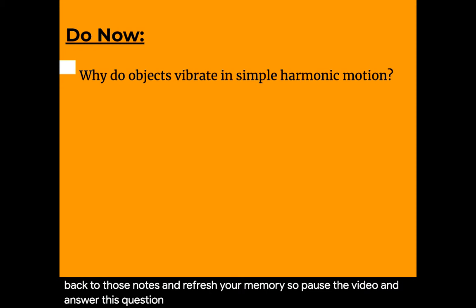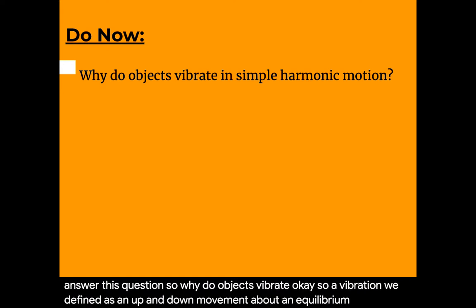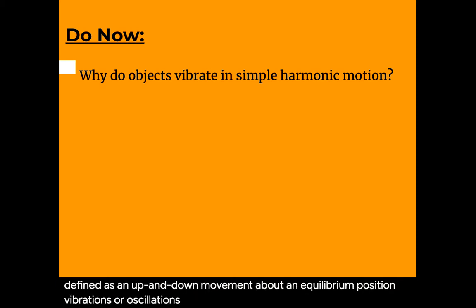Okay. So why do objects vibrate? A vibration we defined as an up and down movement about an equilibrium position. Repeated vibrations or oscillations is considered simple harmonic motion.